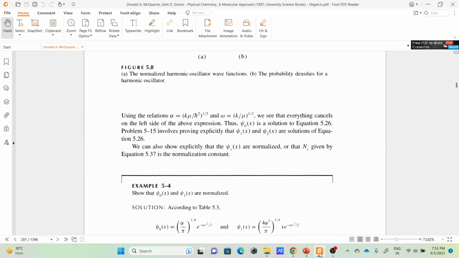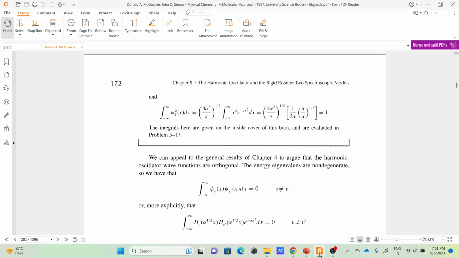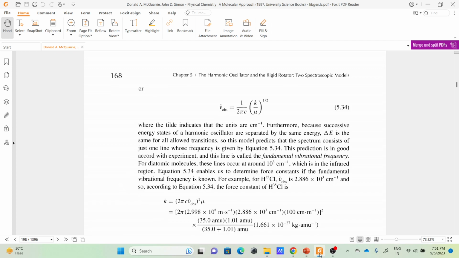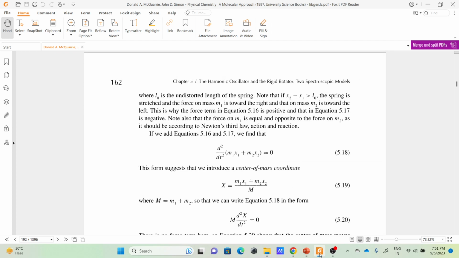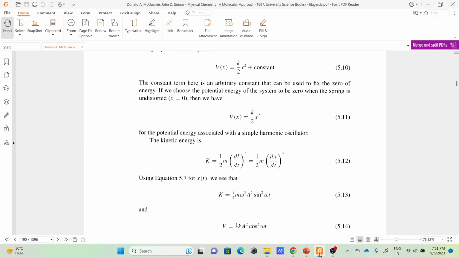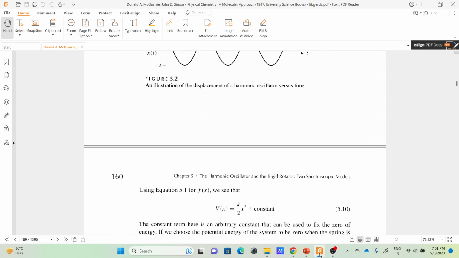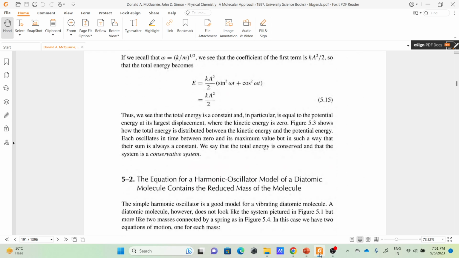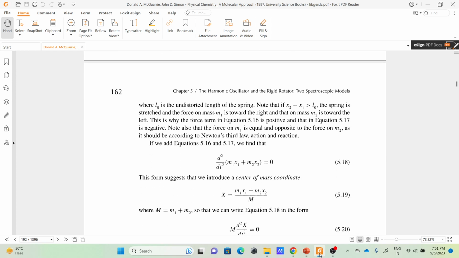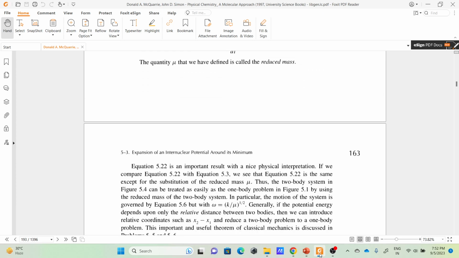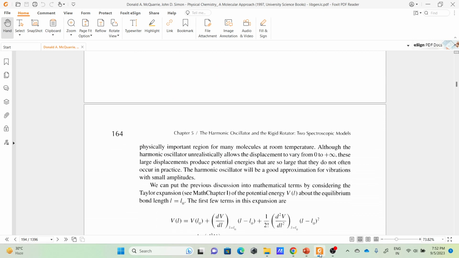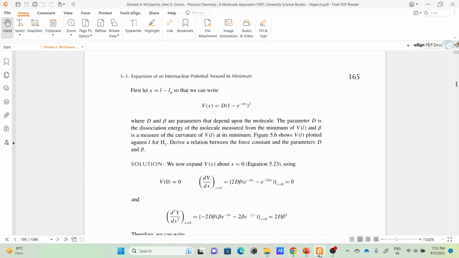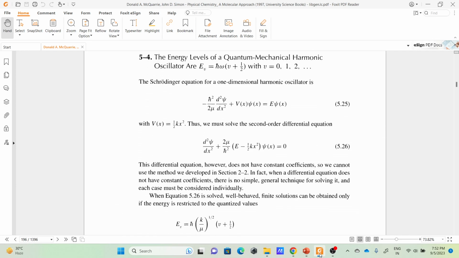Somewhere they have mentioned what alpha is. What is the relationship between alpha and a?